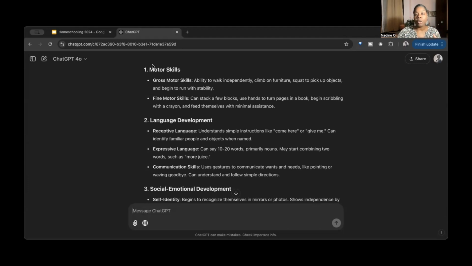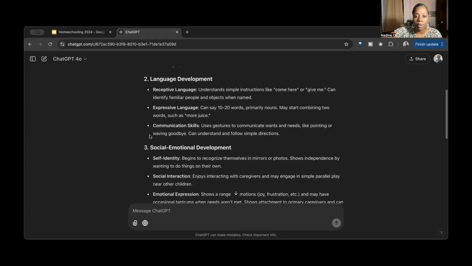More likely, you are going to be making observations, right? With this knowledge, you can make an observation. Can my child do this? Is my child doing this? How can I create a situation where my child can practice doing this? So you might take the cushions off the couch and have your child climb from one cushion onto the next, onto the couch. You might create those kinds of activities to have them practice if you don't see them doing it yet.